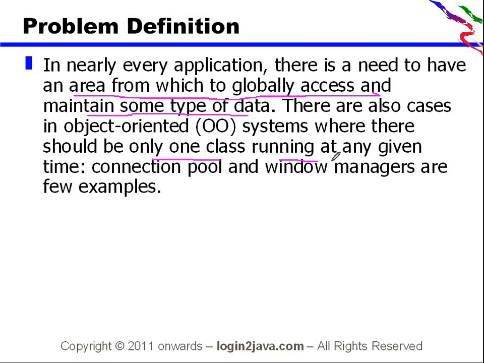If you just think of your programming, a connection pool is an example. You normally have a single connection pool throughout your application. Window manager, only a single window manager is used in any application, are a few examples.